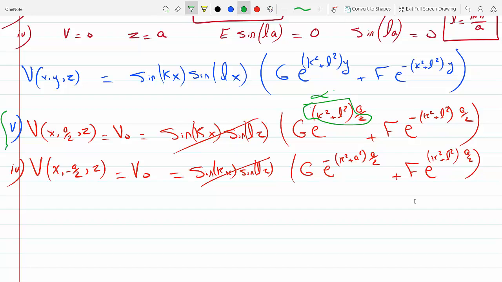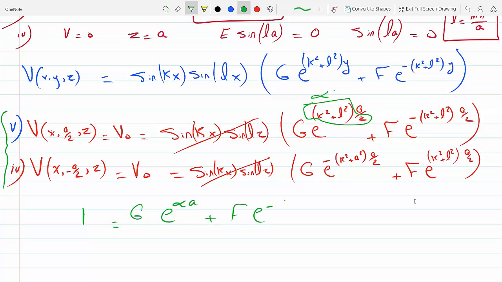So if we divide these two equations, these two boundary conditions, we should get 1 equals g e to the alpha a plus f e to the minus alpha a over g e to the minus alpha a plus f e to the plus alpha a.